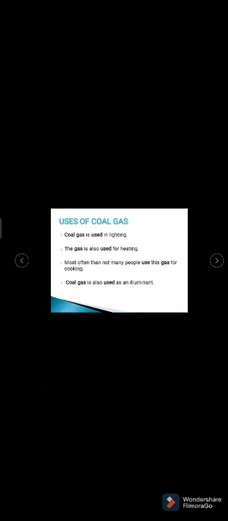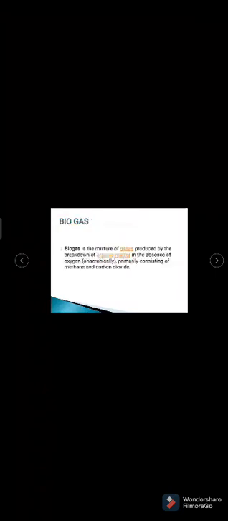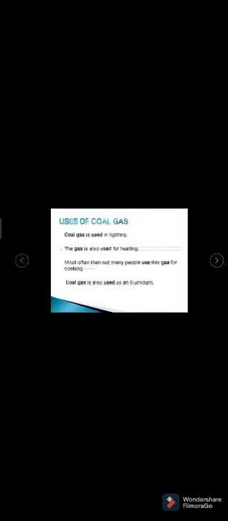Then where do we use it? This coal gas is used for lighting and for heating. Most often, many people use this gas for cooking.